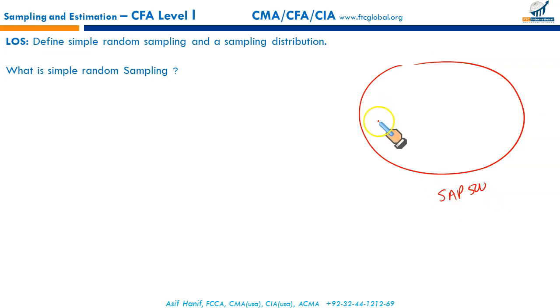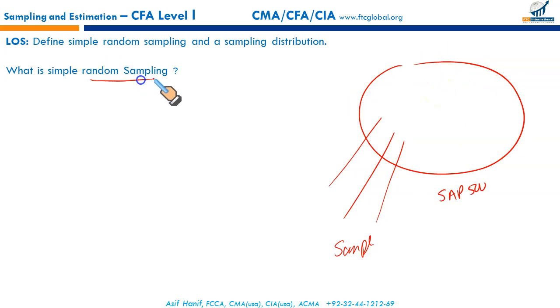We just select a few stocks from this population so as we can draw some inference, some conclusion about the whole population. That's what you call a sample. So what I select is the sample, and from where I select the sample is the population. That's the whole universe.